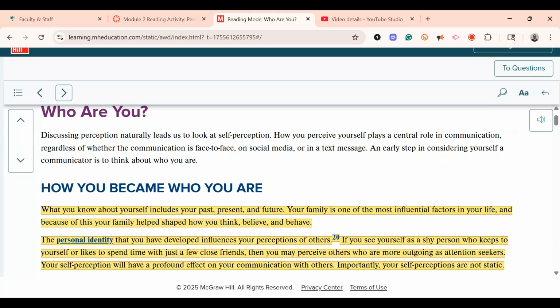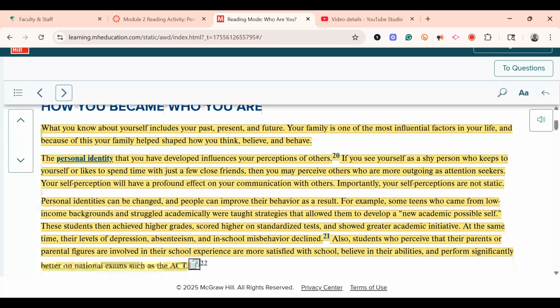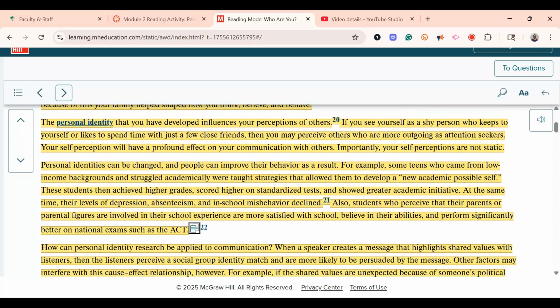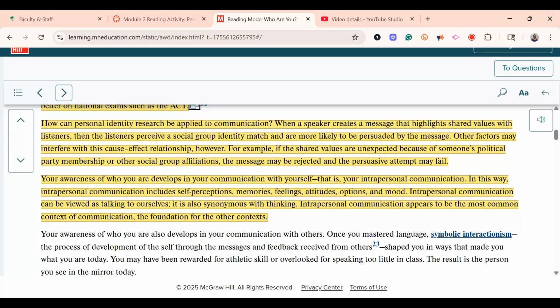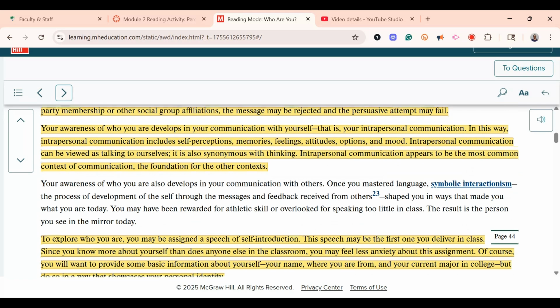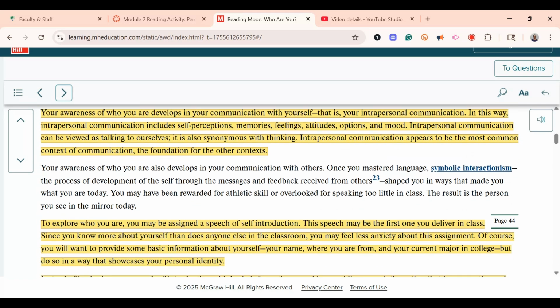Now, we have our own makeup and we have our own personal identity. Some of us are shy, some of us are more outgoing, and it's the way that we perceive ourselves. We may perceive others that way too, based on ourselves, our own uniqueness, our own differences, right?